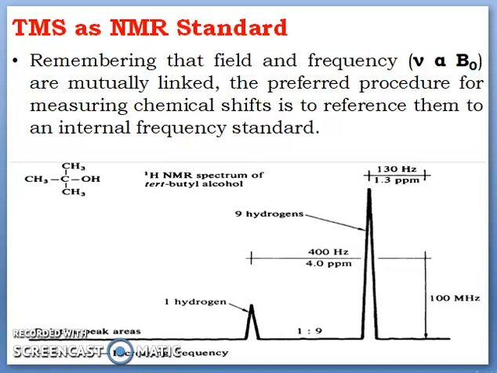It means if you decrease the magnetic field, the splitting will be small and the energy required for resonance is also small. If you increase the magnetic field strength, then the splitting between the spin states will be more, and the radio frequency requirement for the resonance will also be more.